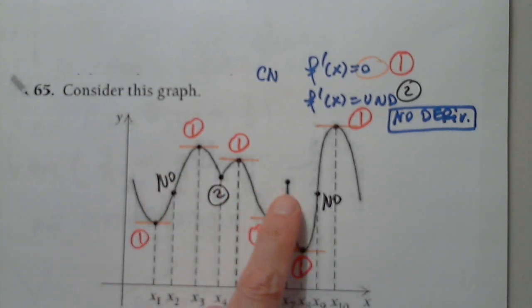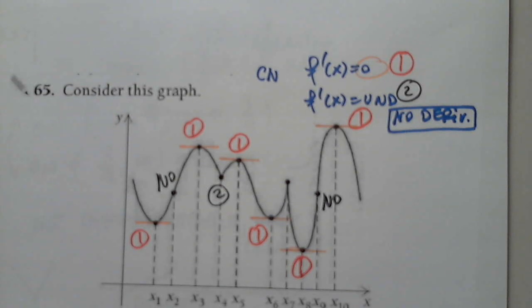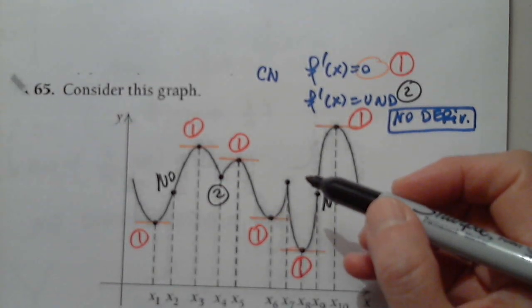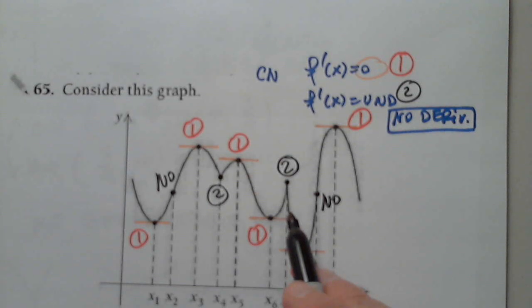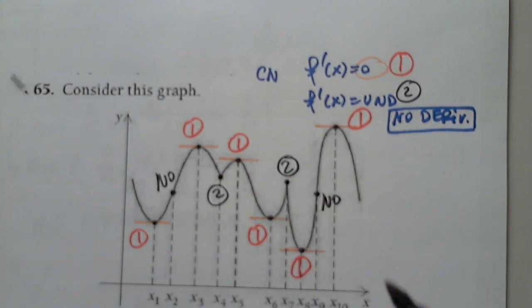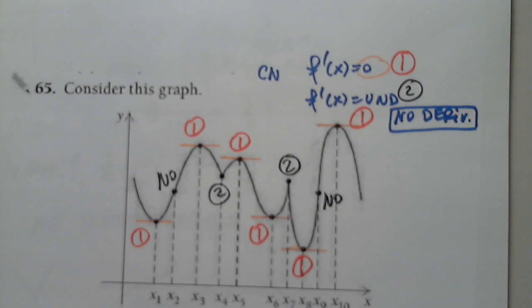What about this one? Is this a critical number? Yes, of type 2. Because it's a vertical tangent if you want, or cusp. Yes, correct. Very good.